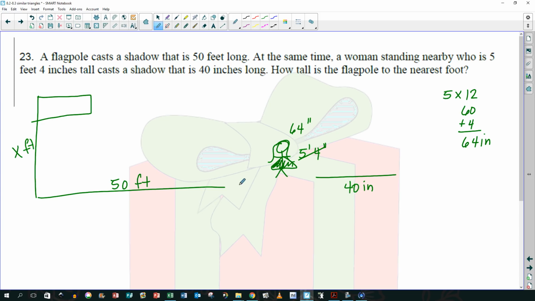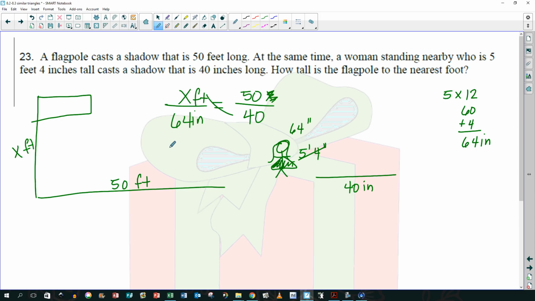Now, as long as you have 2 of one increment and 2 of another, you don't have to convert everything. So the height of the flagpole goes with the height of the girl, so feet to inches, just like the shadow of the flagpole goes with the shadow of the girl.